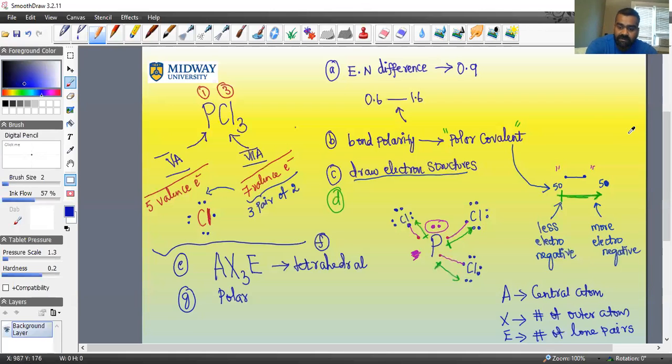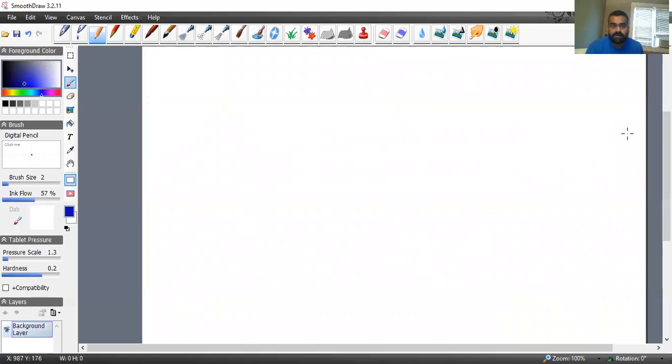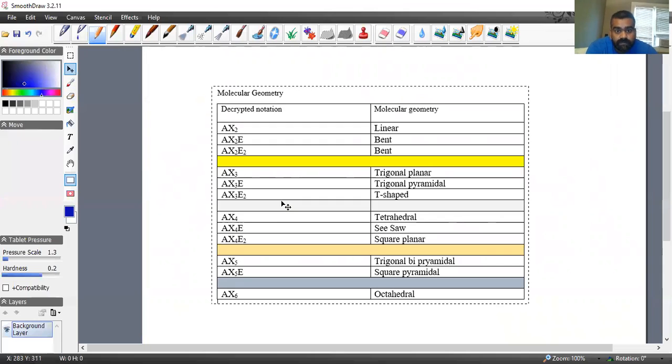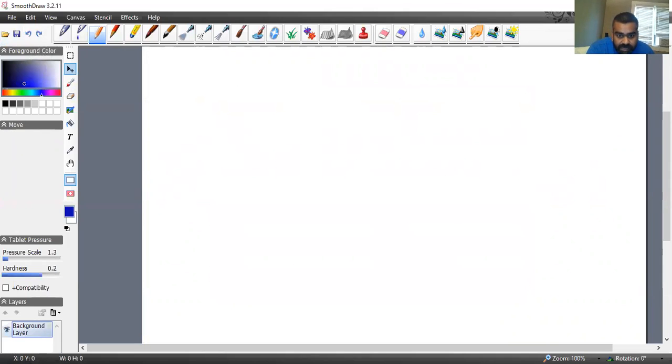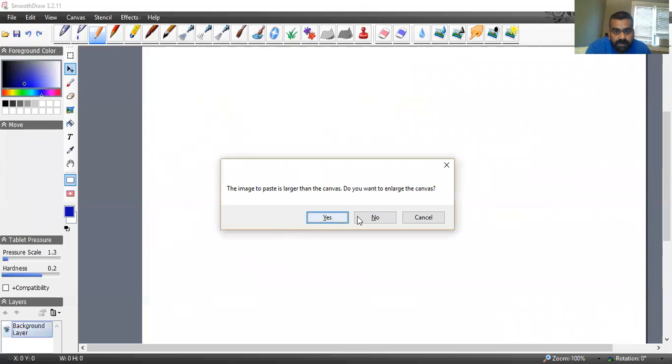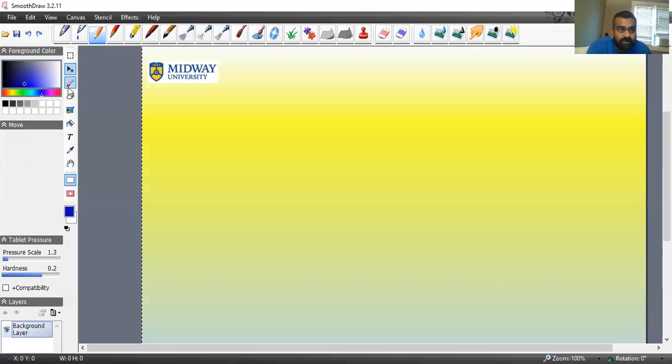So let's look at two more compounds. The first one would be, again, oops. That's not what I want to show. I'm trying to be consistent and use the Midway template that I've created, because I work for Midway.